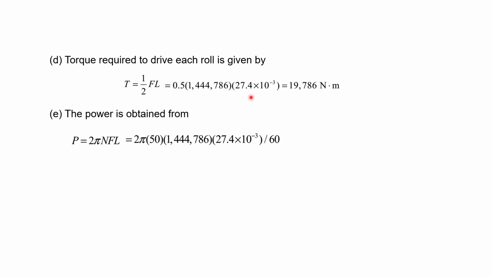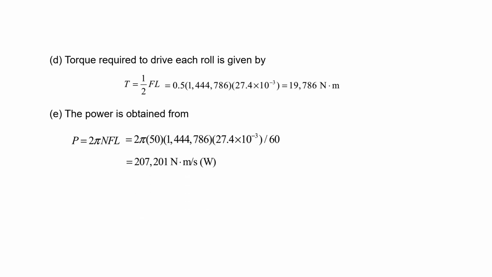To change the revolutions per minute to radians per second, we multiply by 2 pi and divide by 60. Otherwise, without dividing by 60, this will give me the unit for the omega in radians per minute. So we have to change it to radians per second because the power is going to be in watts. So we multiply that by the force. We multiply that by the value of the L.